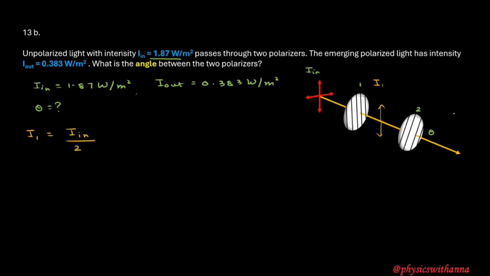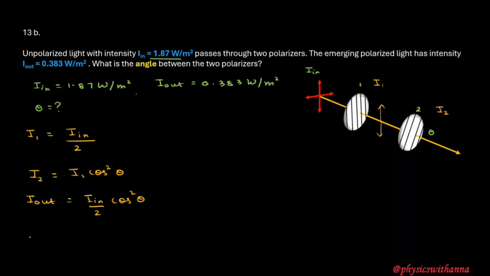Then this light falls on polarizer 2, and the intensity coming out of polarizer 2, which will be I2, can be found using Malus's law. So we can write I2 equals I1 cosine square theta. I2 is nothing but the final intensity coming out of the two polarizers, which is I out. So I out equals I in by 2 cosine square theta.